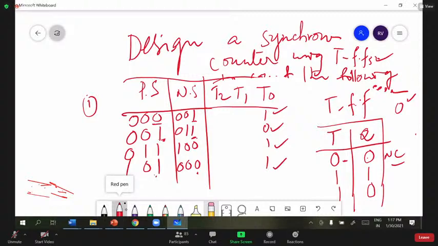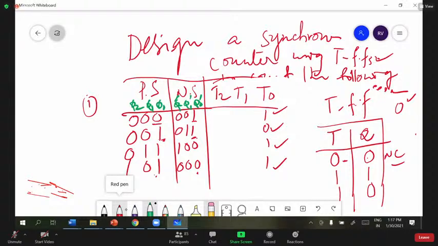Now you please tell me for T1. I am mentioning here Q1, Q2. So you can put like this. Just observe this.